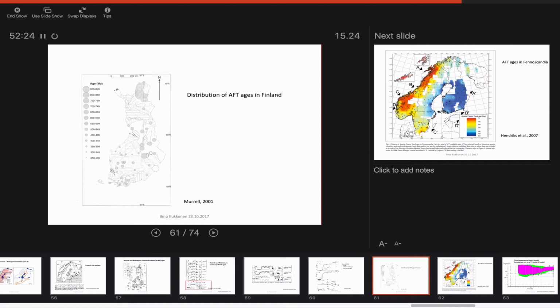So you would expect to see this kind of a variation in the case the temperature profile hits the partial annealing zone, which would be very interesting because then for erosional models your data would also tell, you would know where the partial annealing zone is today and how that relates to the ages.